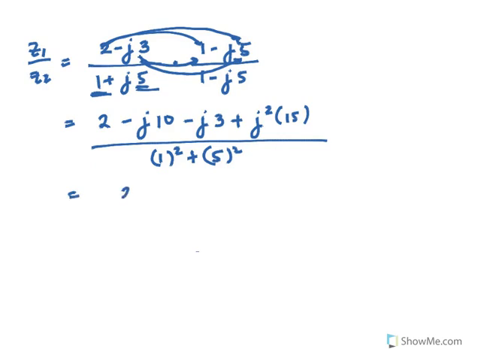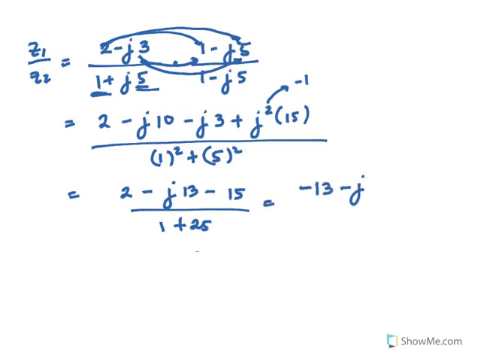So, you have 2 minus j13 minus 15. When we replace j squared by negative 1, divided by 1 plus 25. So you have here 2 minus 15 is negative 13 minus j13 over 26.